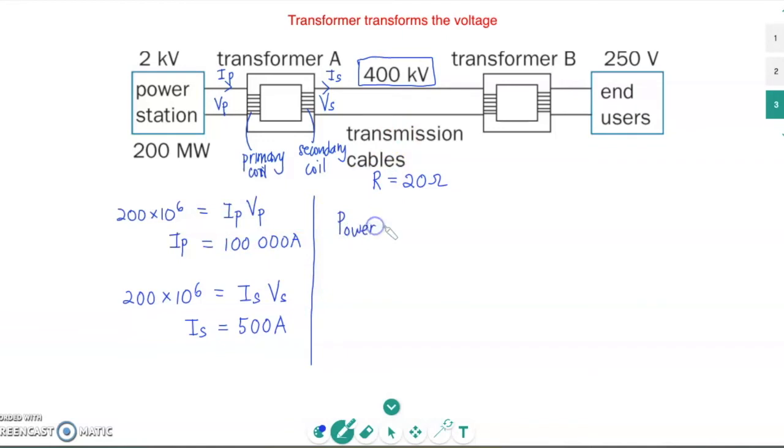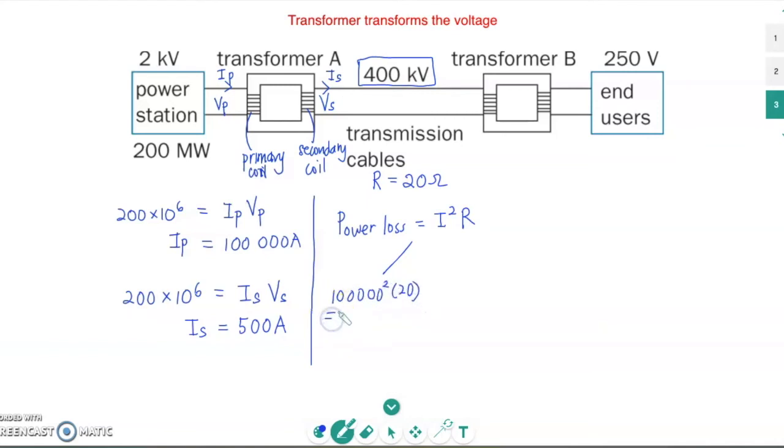Let's calculate the power loss in the transmission cables, which is I squared R, where I is the current flowing in the transmission cables and R is the resistance. If we do not step up the voltage and simply transmit using 100,000 ampere, how much is the power loss? We calculate 100,000 squared times 20.